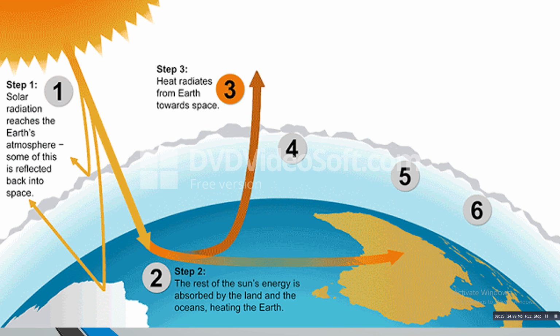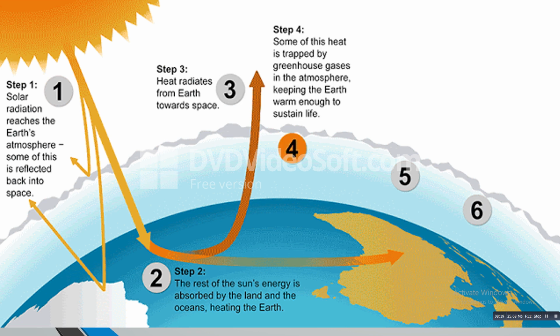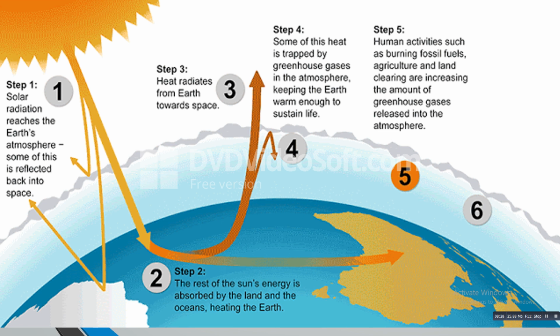Heat radiates from Earth towards space, which you can see going out. Some of this heat is trapped by greenhouse gases in the atmosphere, keeping the Earth warm enough to sustain life. This is what we're talking about, the natural procedure of trapping heat energy in the atmosphere.